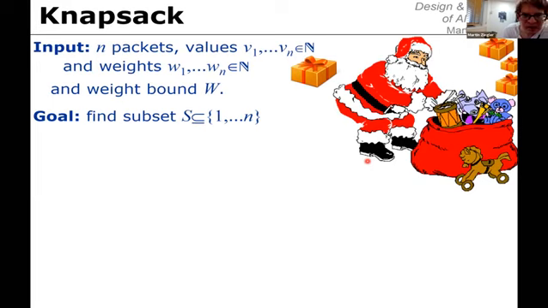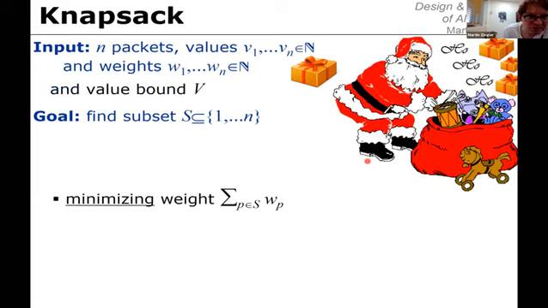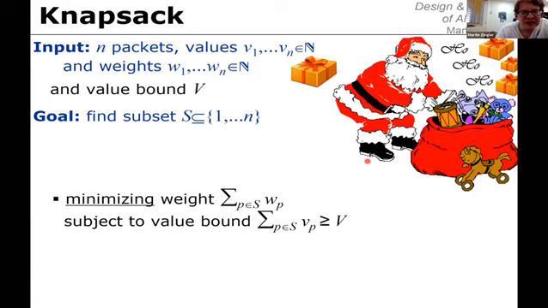Namely, here the goal is to minimize the weight of the knapsack. So previously the goal was to respect the weight bound, and here our goal is to keep the knapsack as light as possible, but now there's a condition, a constraint that the value must not be too cheap.